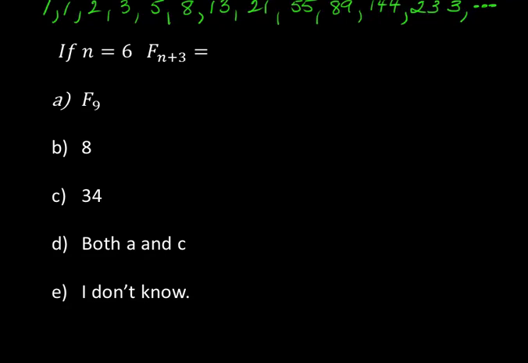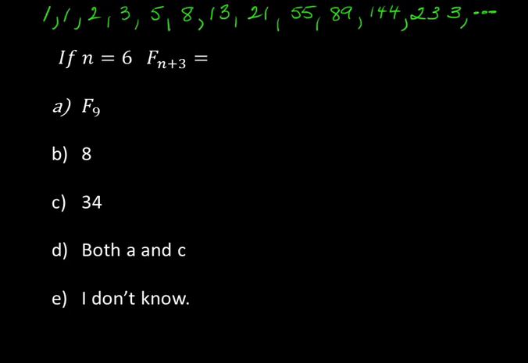Here you see I've written out the Fibonacci numbers at the top of this slide. And let's see if we can answer this question. If n is 6, what is f sub n plus 3? Okay, so look, the n plus 3 is part of the subscript, and n is 6.